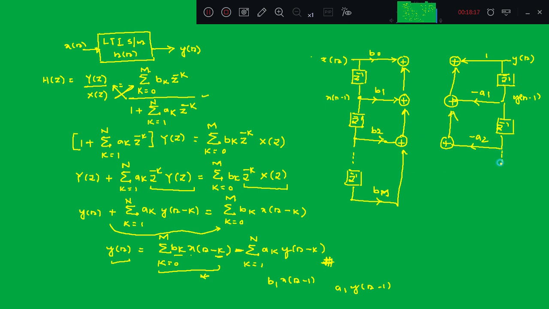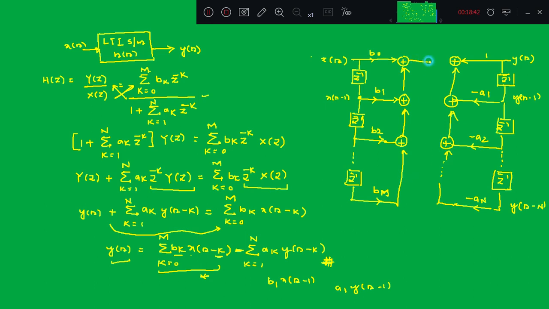And similarly so on up to, if I take the delay element, what will you get here? This could be your y of n minus capital N, and here it could be minus aN, and here it is, right?